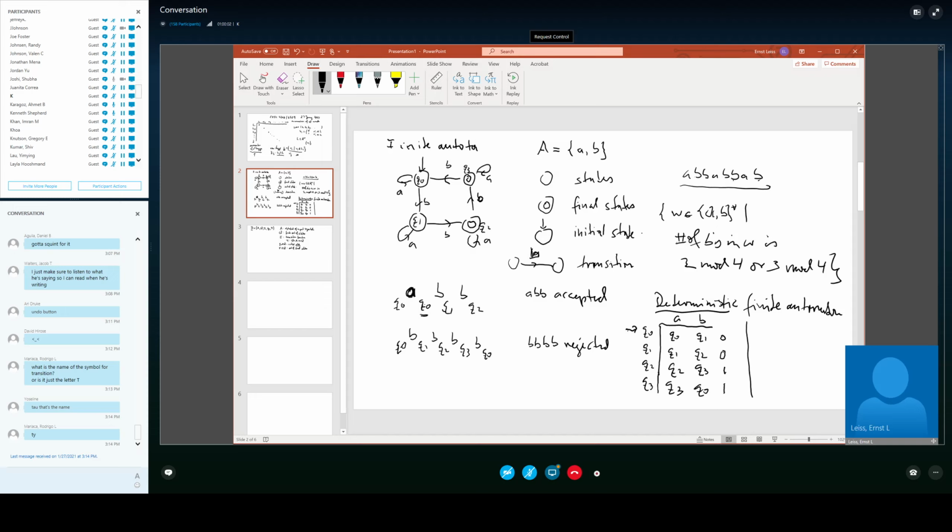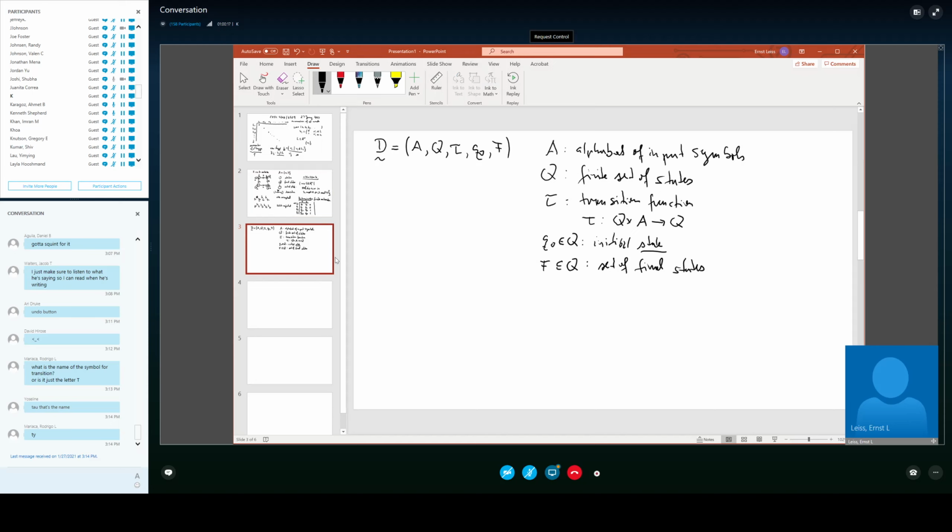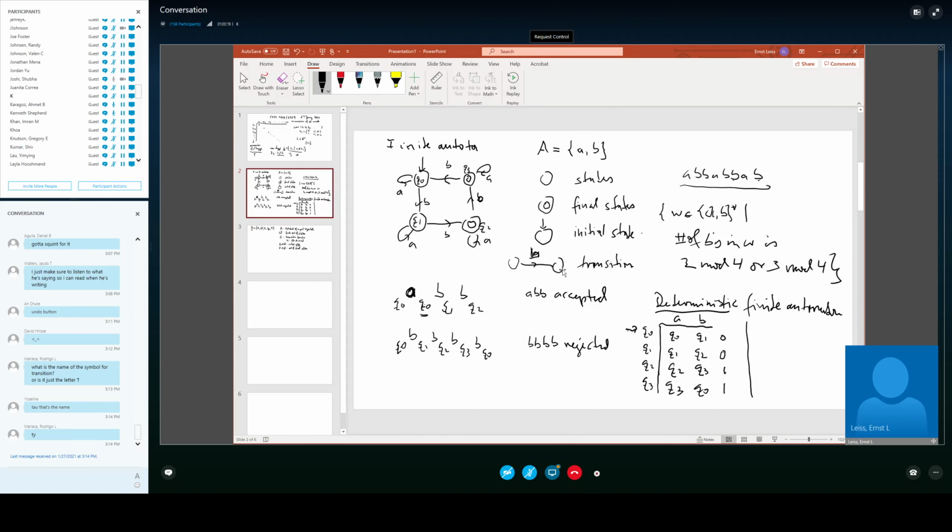And if you take now this augmented transition table, then in fact it gives you everything that you want to know about the automaton. Because now the alphabet is, of course, up here.